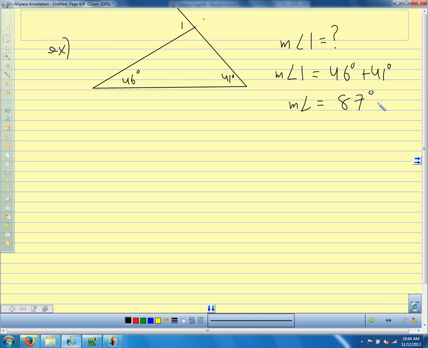If we couldn't remember that, we can always just add these together, find this third angle, and then say these two are a linear pair, so we subtract from 180. Questions on that example?